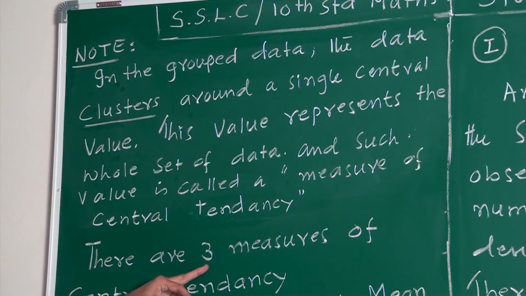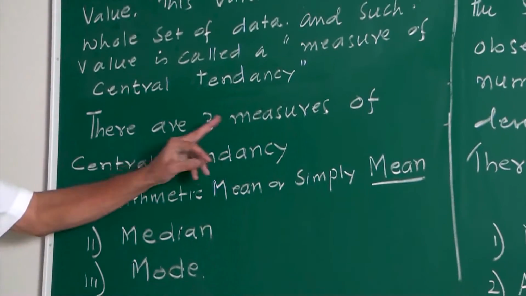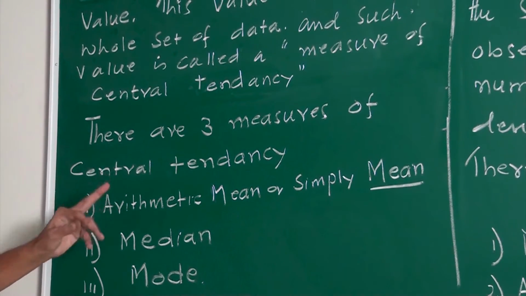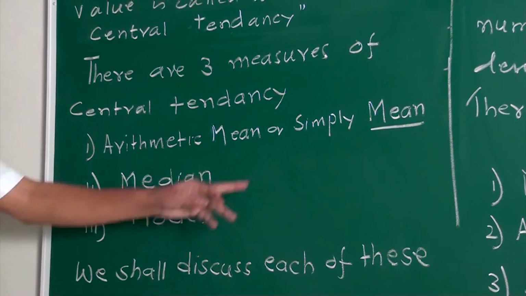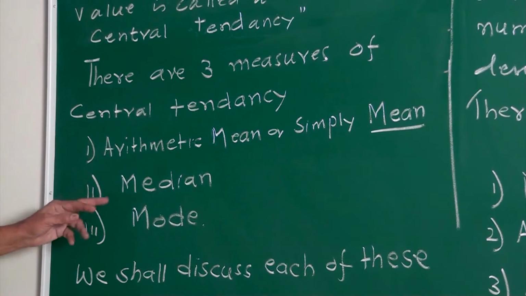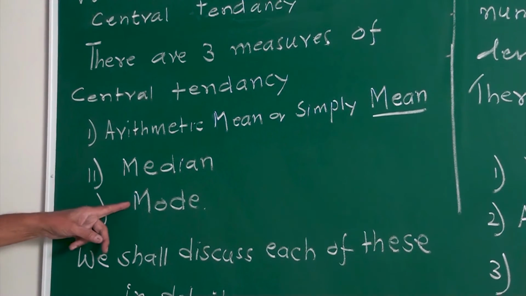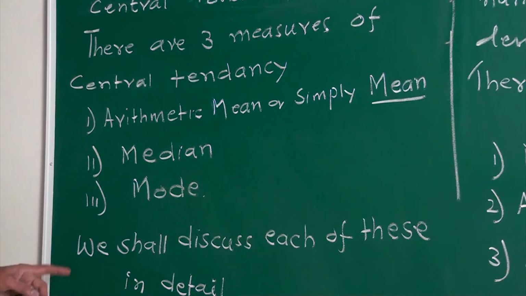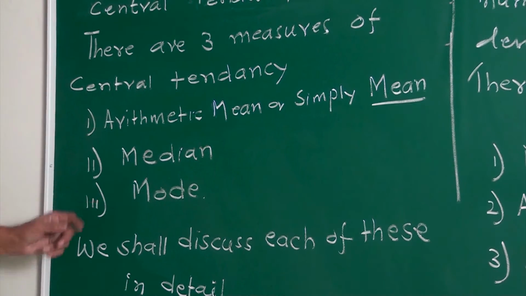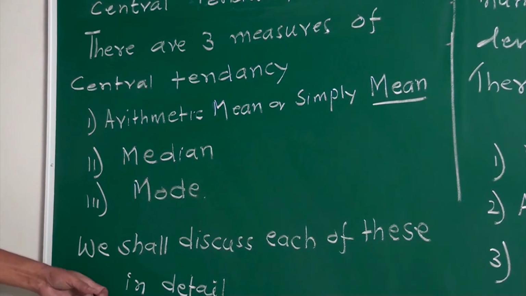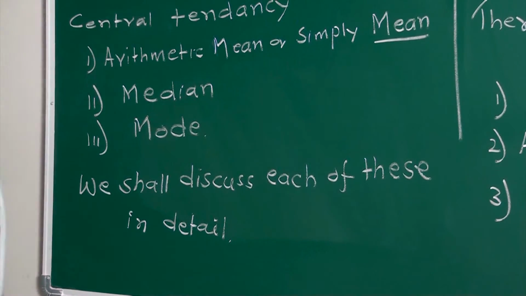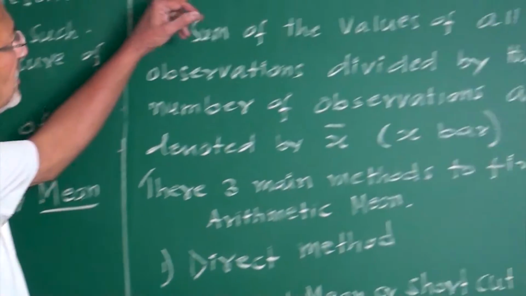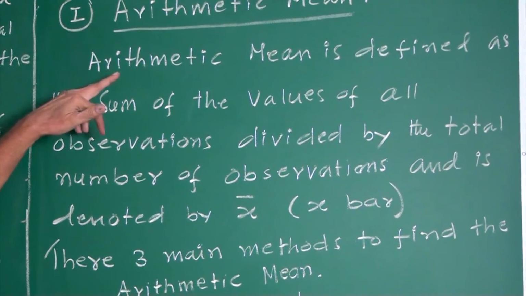There are three types of measure of central tendency. One, arithmetic mean, or simply mean. Second, median. Third is mode. My friends, we shall discuss these three one by one in detail. First one, arithmetic mean.